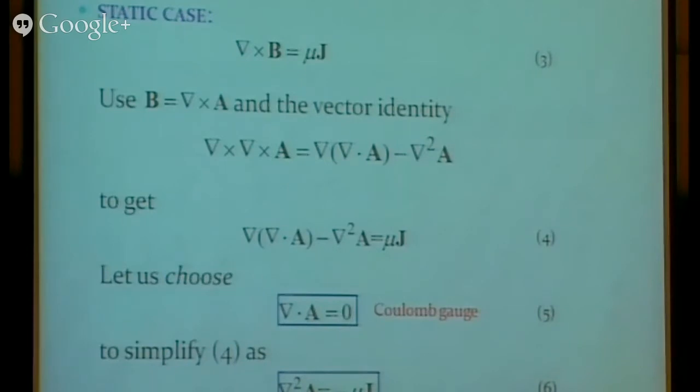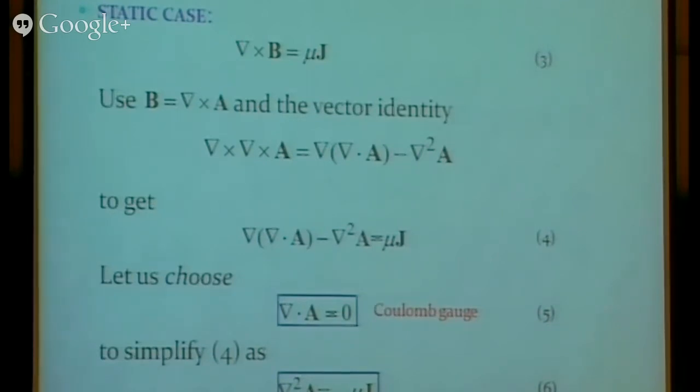Here we have already defined the vector potential, so B is curl of A, and we also use this vector identity for curl of curl of A. From there we can get gradient of divergence of A minus the Laplacian of A is equal to this.